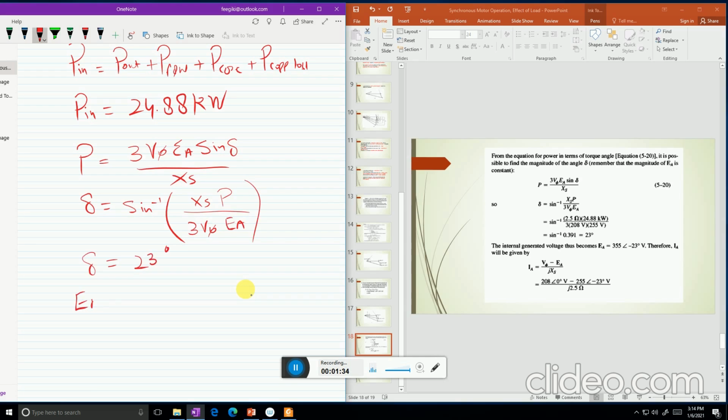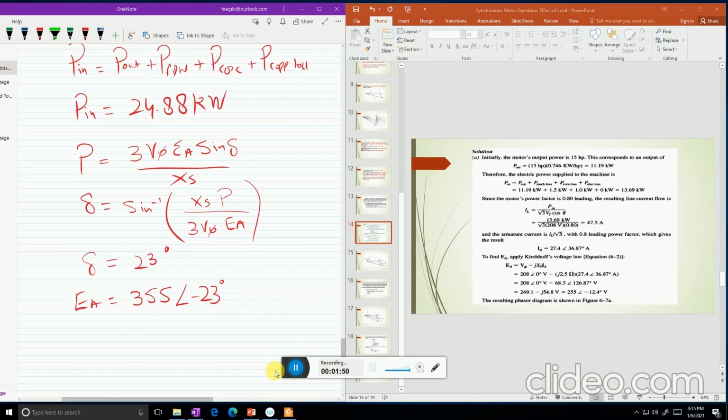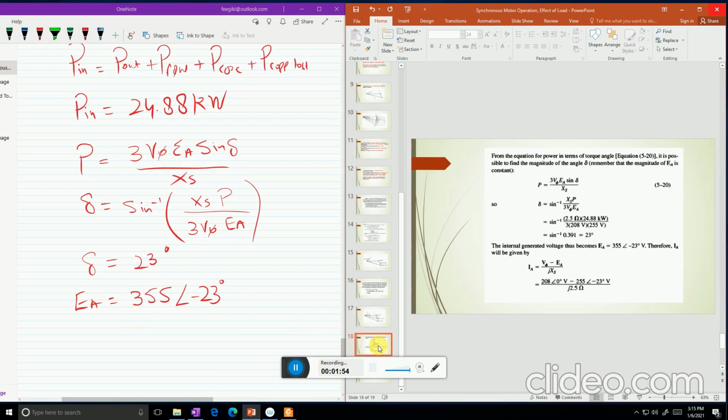So EA is 355 angle minus 23 degree. This is wrong: it is not 355, it is 255 angle minus 23 degrees, because the magnitude will remain constant, just the angle will change.